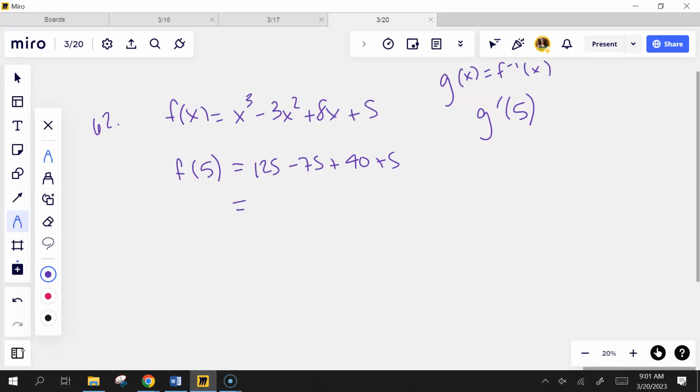125 minus 75 would be 50. Is that right? It's 100.